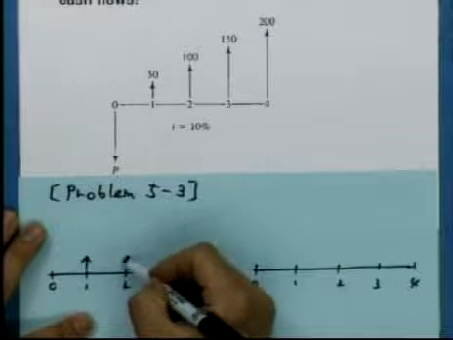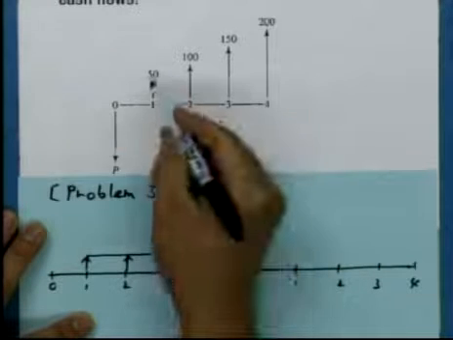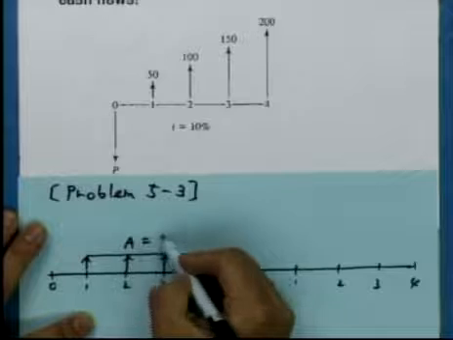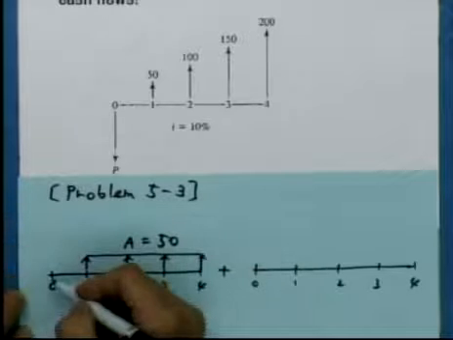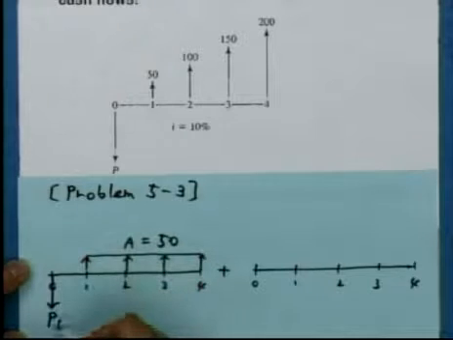And we have a uniform series of $50, right? Let's say this present sum is equal to P sub 1.